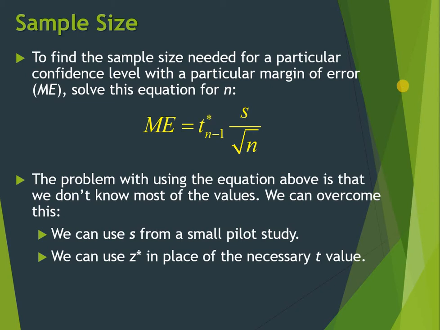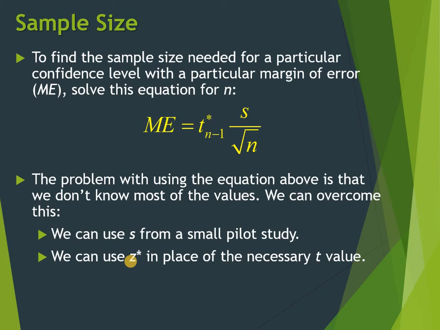And I could solve for this if I knew that value, but we don't. So when we are finding a sample size for means, we have to start by using Z star first. Okay? It's not horrible. I actually think it's a lot easier than when we were finding sample size for proportions.